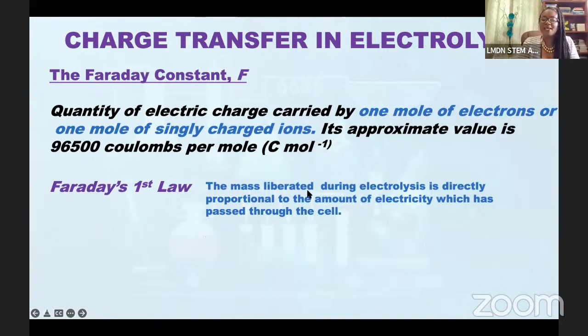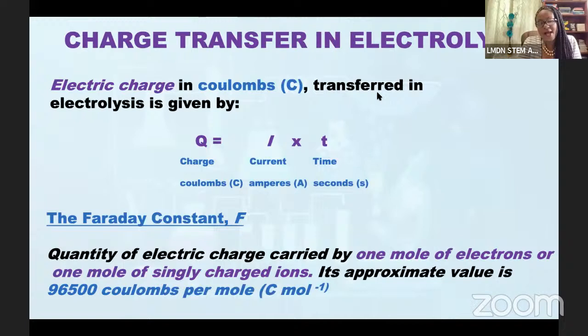The overall amount of electricity is measured as the electric charge, Q, which is equal to I times T: the current multiplied by how long it has flowed through the cell.